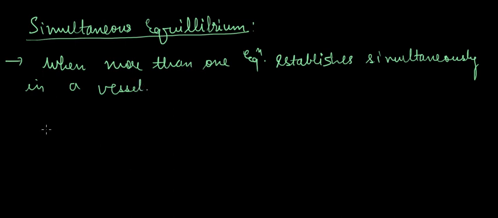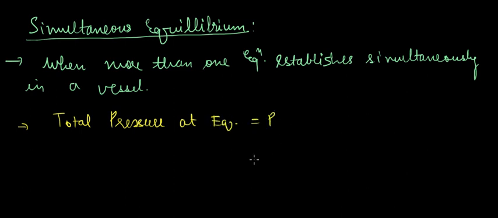Okay, so let's say total pressure at equilibrium is suppose P. Okay, so suppose we have a reactant A solid dissociating or converting into product B plus 2 moles of product C, let's say.